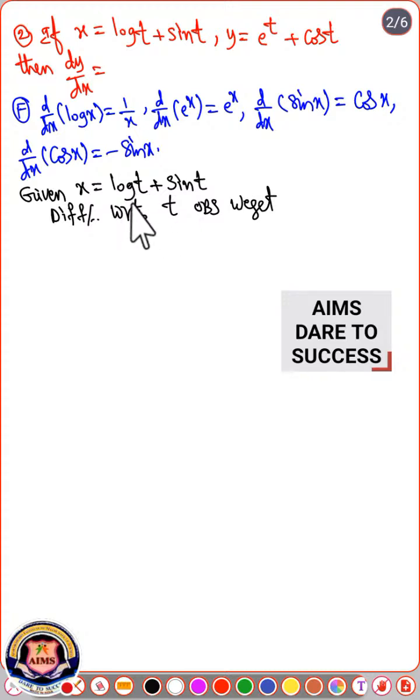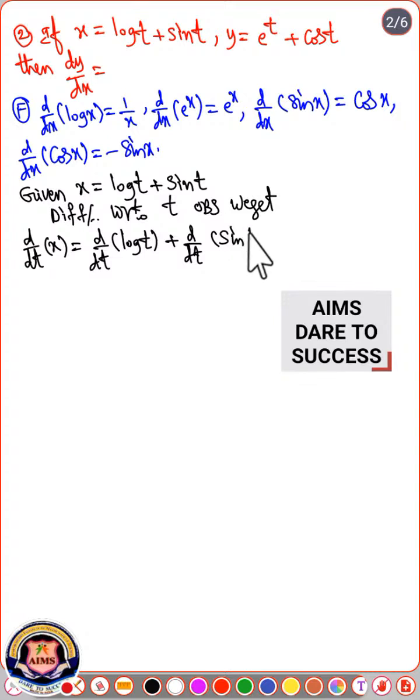Because the right side values are in the form of t related values only. So with respect to t, d by dt of x is equal to d by dt of log t plus d by dt of sin t.